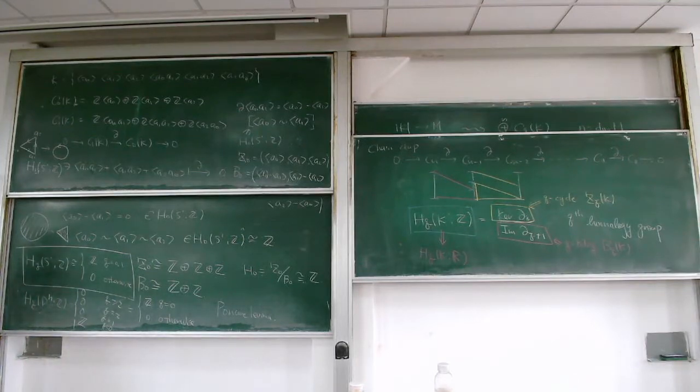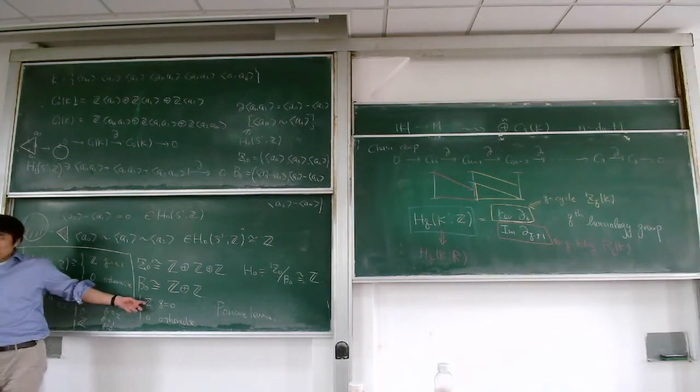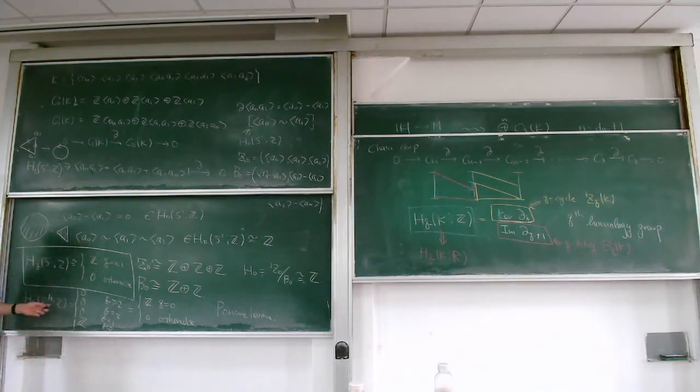So the reason why the homology group is so simple for this is that this can be shrunk to a point.